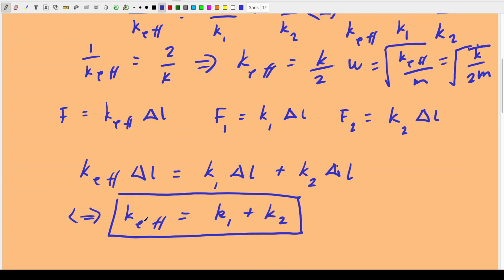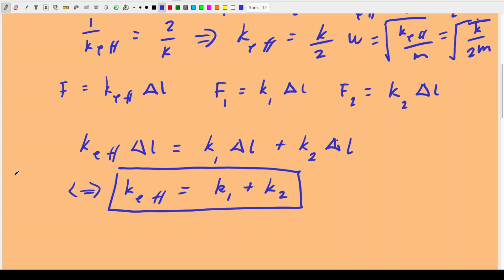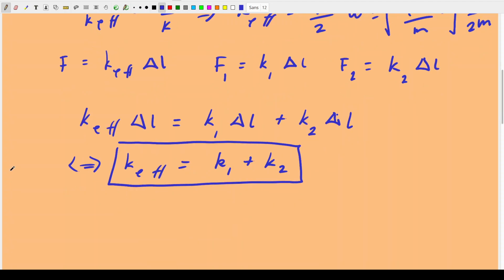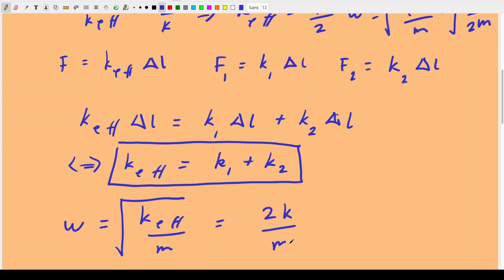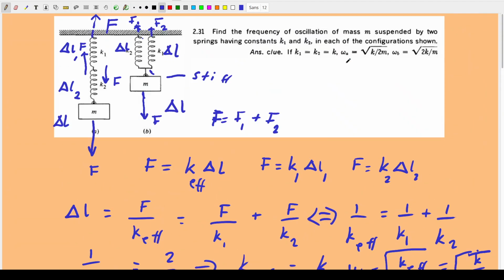So the spring constants are added instead in that situation, and the angular velocity will be the square root of kf over m, and if those are equal, it will be 2k over m. And yeah, 2k over m.